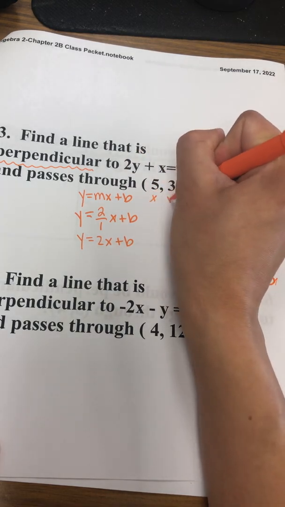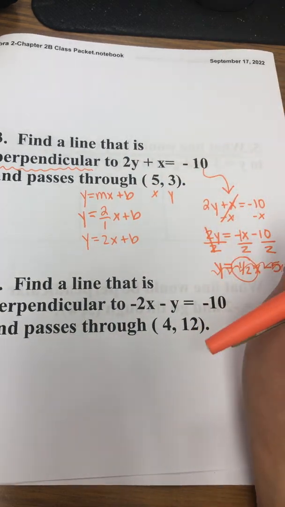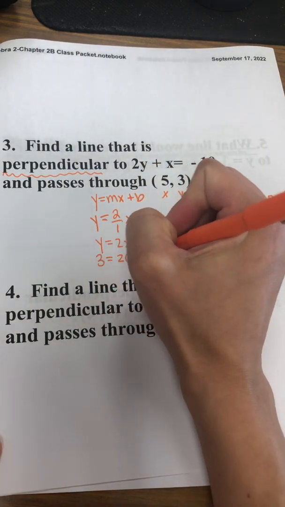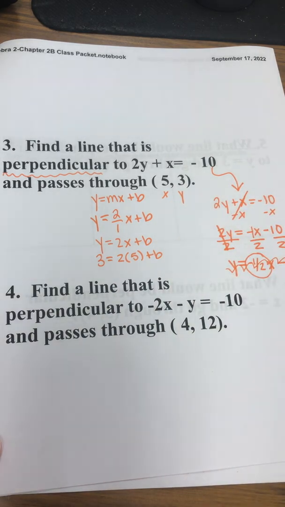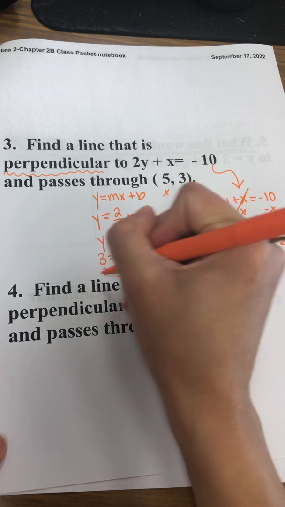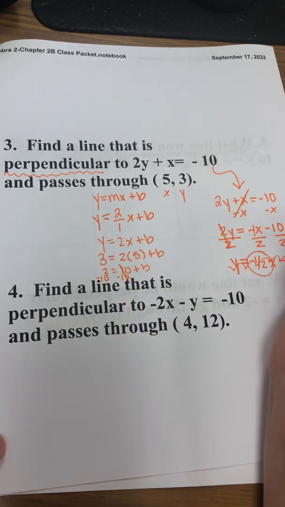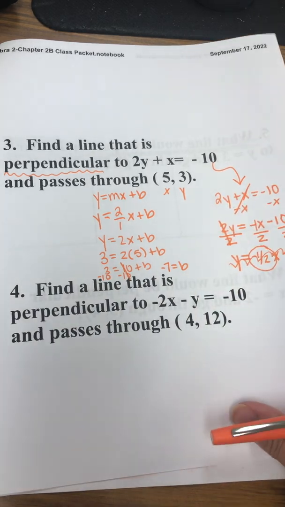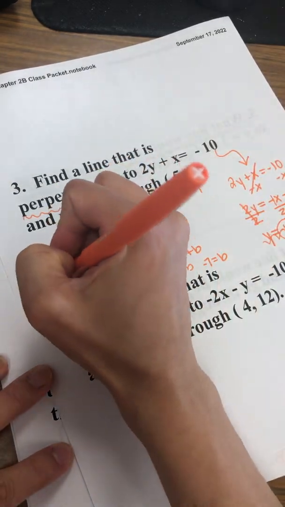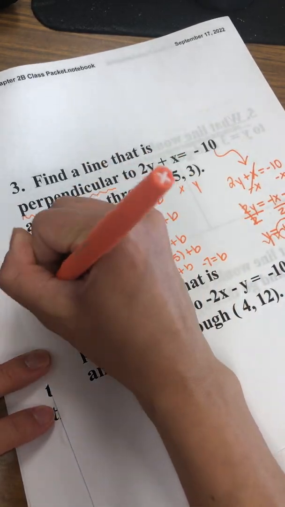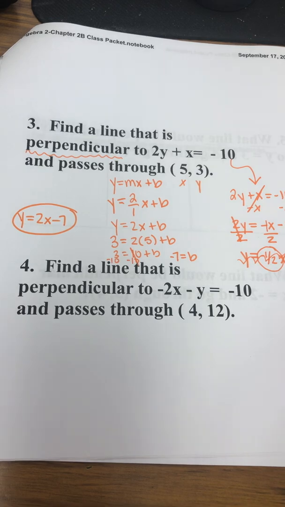I'm looking at what is my b value with my given x and y. So instead of y, we have 3. And instead of x, we have 5. So 3 equals 10 plus b, minus 10 on both sides. I get -7 equals b. So my equation is going to be y equals 2x, or 2/1, minus 7. And there's my answer.